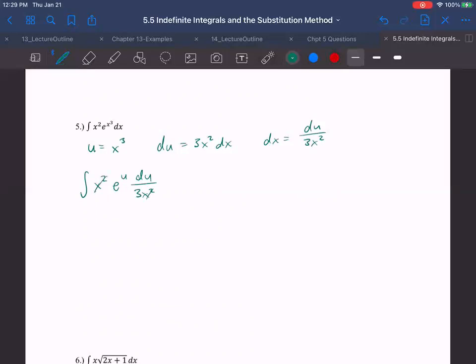That gives us then 1/3 of the integral of e to the u du. And easiest integral ever, what's the answer? E to the u, and then we have our 1/3 plus a c, right? And so then we keep going down here and we substitute back. This is e to the x cubed over 3 plus c.